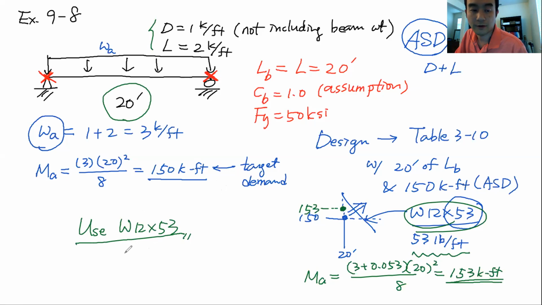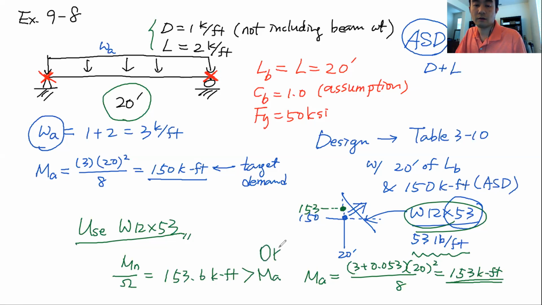And if you'd like to find out the factored moment, which is 153.6 kip feet, which is larger than our Ma. So this is okay.